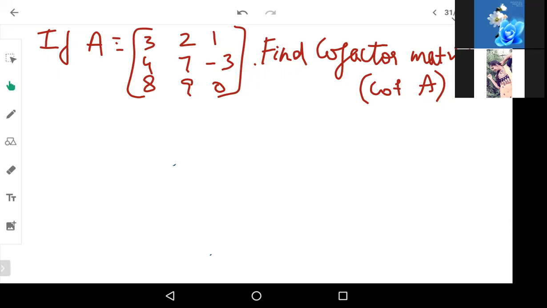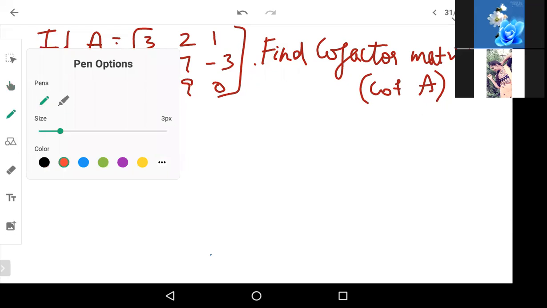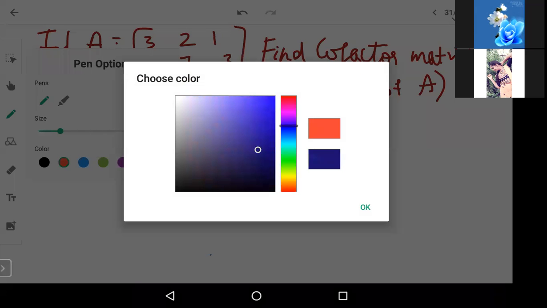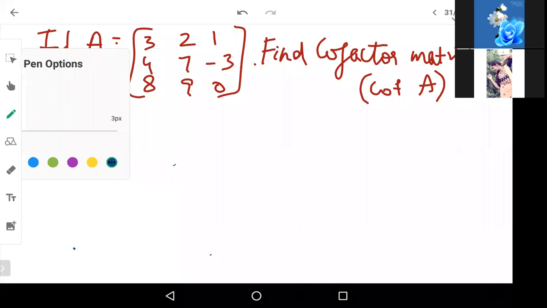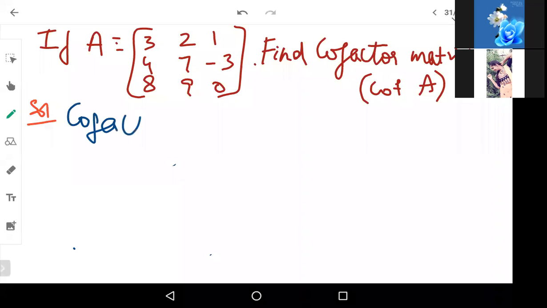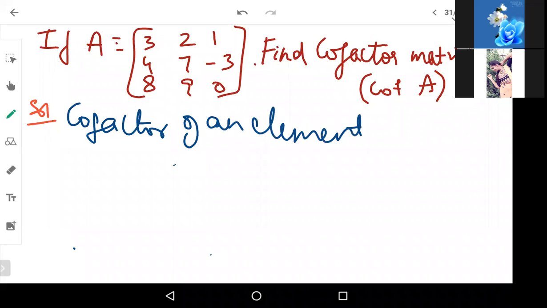First write the definition, formula, solution. The formula has to be written down. So the cofactor of an element Aij, don't get confused, when we denote an element it is called Aij.